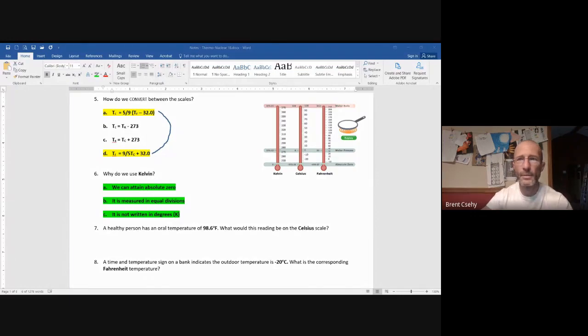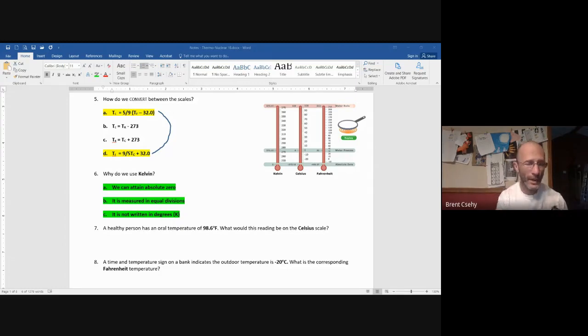So let's see what we can do with this. All right, got my pencil. Time and temperature sign, so we're trying to find TF. TF equals, and we're just going to go right in order, 9/5 times TC, which is -20. Don't mess that up. Plus 32.